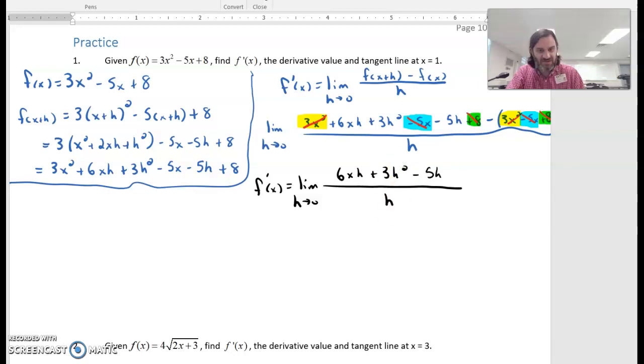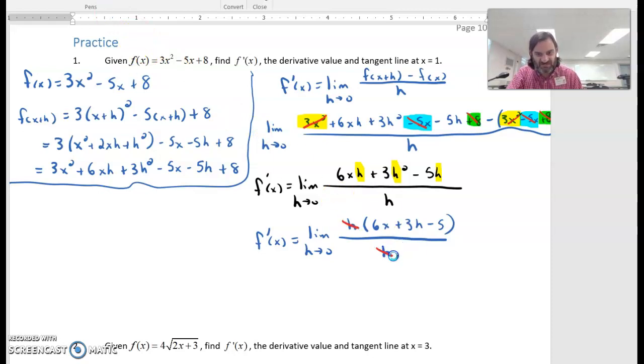And look at what we have here. We're trying to get rid of that h on the bottom because we don't want it to be 0, but there's an h in every term up top. So we can pull that h out and cancel it. We still have the limit as h approaches 0, but if we factor an h out of the top, it'll be h times the quantity 6x plus 3h minus 5, all over h, and we can cancel that h out of the top and bottom.